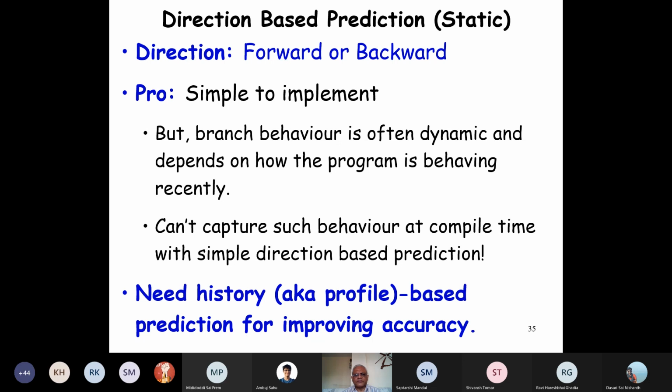But for the dynamic predictor, we need to maintain the history of execution. We need storage in the processor, and modern processors are quite complicated, and they maintain a number of last branch executions, and they are called profile-based prediction. Improves accuracy substantially, but there is overhead. We need to maintain a lot of history of the branches.